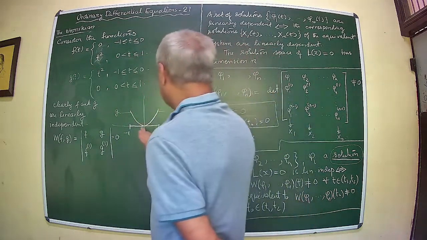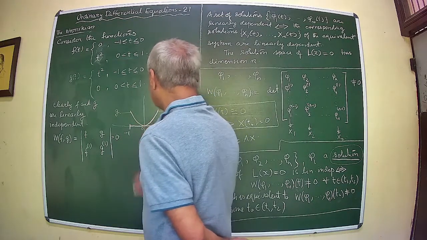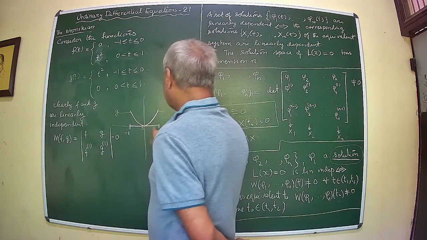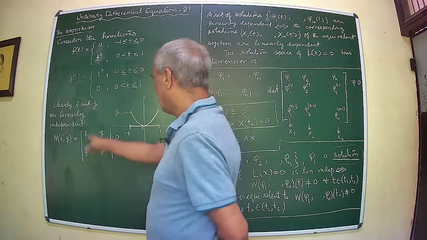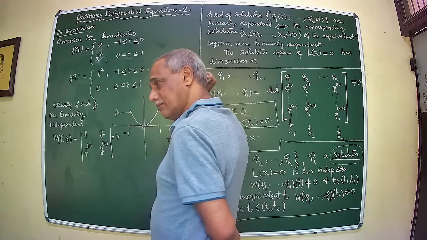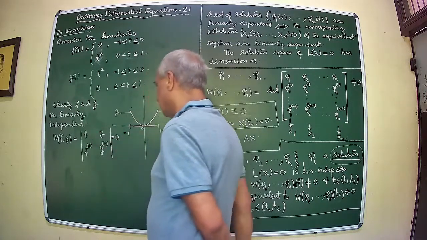Further, on the interval 0 to 1, g is identically equal to 0, therefore this column becomes 0, and whatever be the value of the other column, its determinant is equal to 0.